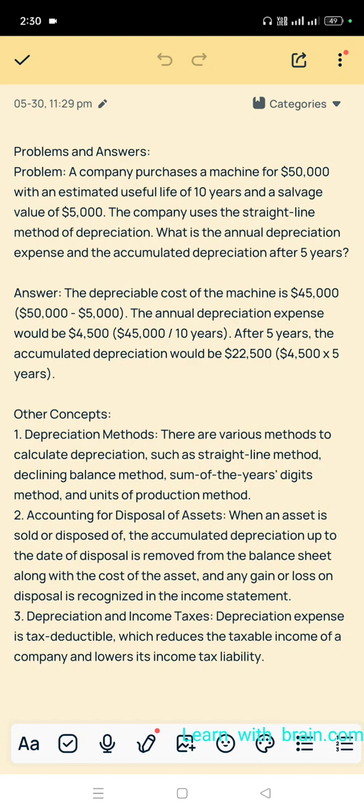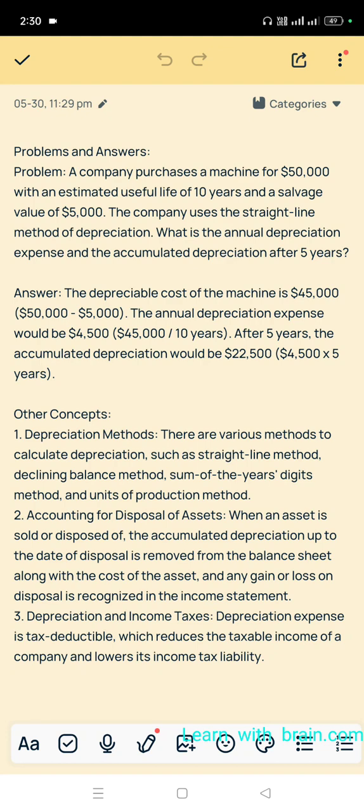So how much depreciation per year? How to calculate? The depreciable cost of the machine is 45,000, because cost of the machine is 50,000 minus salvage value 5,000.